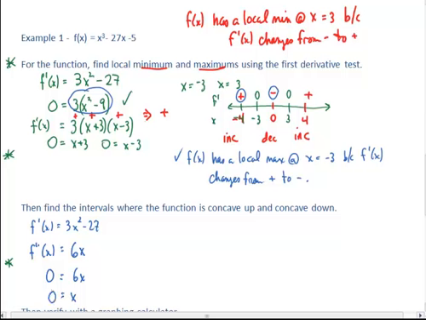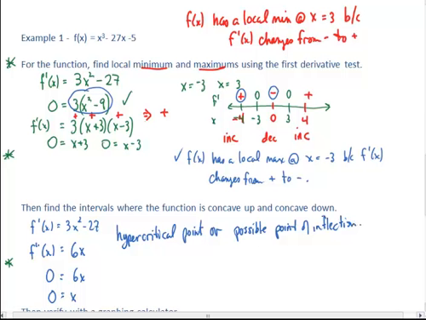At x equals 0, we have what's called a hypercritical point, or you could call that a possible point of inflection.